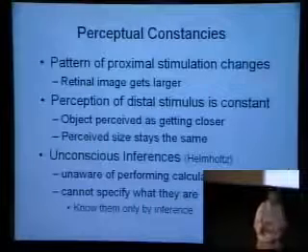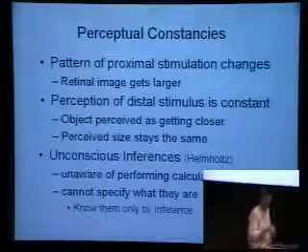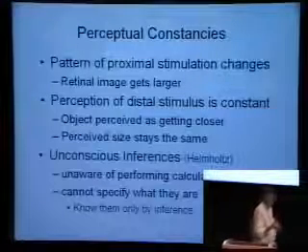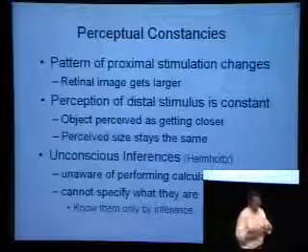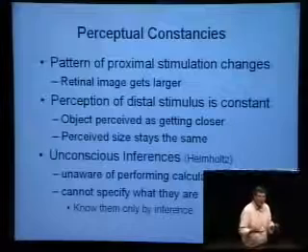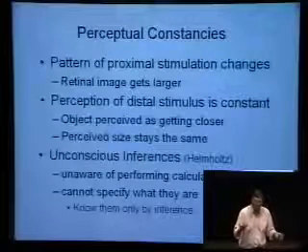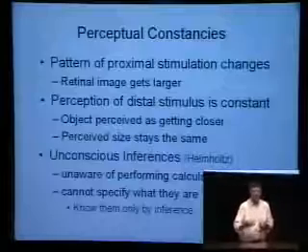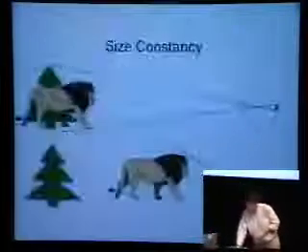We can't really specify what these calculations are. We know them only by inference. But the general idea that Helmholtz had was that here the perceiver is going beyond the information given by making the inference that the object is getting closer rather than growing in size, compensating for these distance cues.